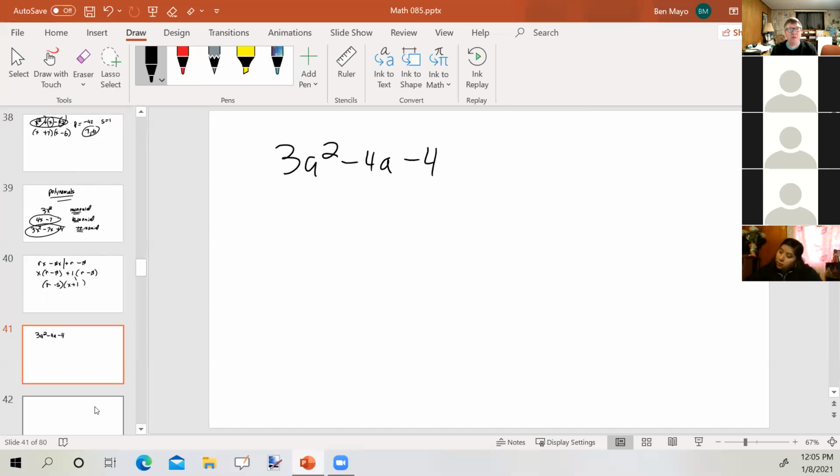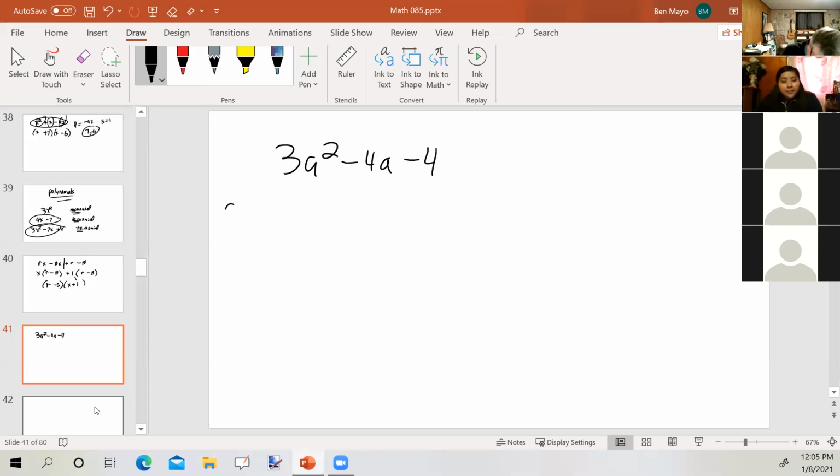It has a positive leading coefficient, so we don't want to factor out a negative 1. But it also has a leading coefficient that's not a 1. So we've either got to use the grouping method or the trial and check method. So what do you want to do? Which one? Grouping or trial and check? You tell me. Anybody? Nobody wants to? Okay. Grouping.